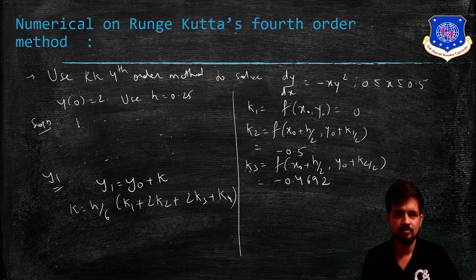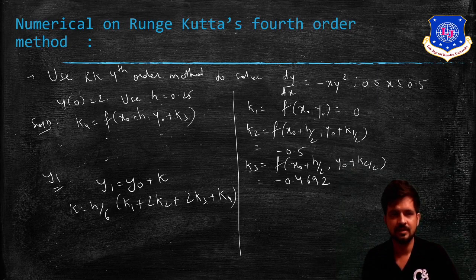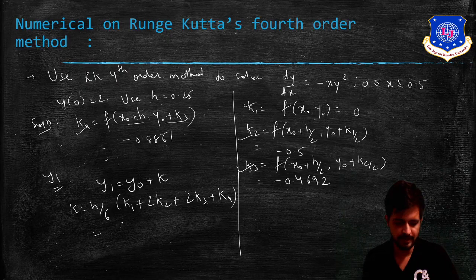Find k4. What is the formula for k4? f of x0 plus h and y0 plus k3. Find the function value. The function value will be minus 0.8861. Now you have to place all these values in this equation, so you will get the value of k.